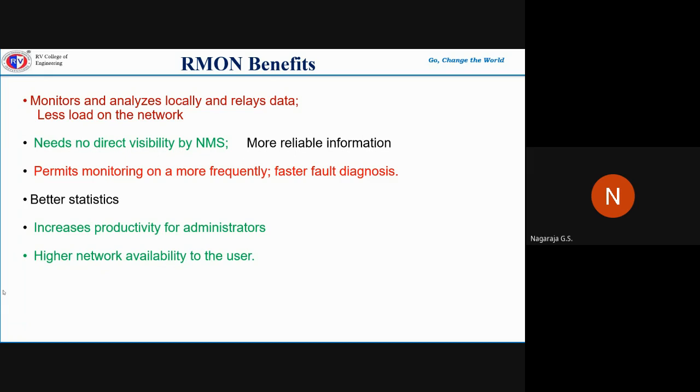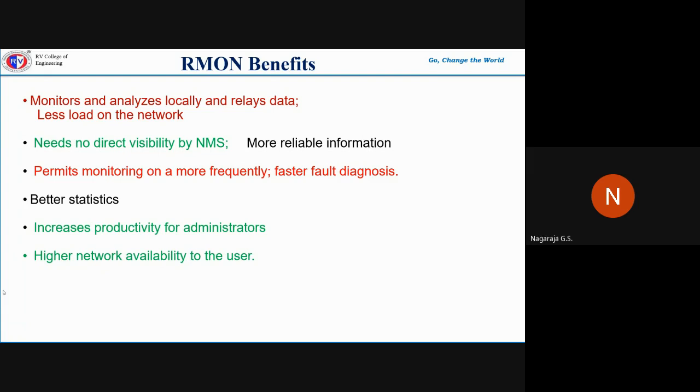It increases productivity for administrators. I think this is an obvious point. The moment you fix faults and get to know many things, the productivity of the administrator is going to be improved drastically, and as a result, higher network availability is possible for the user.